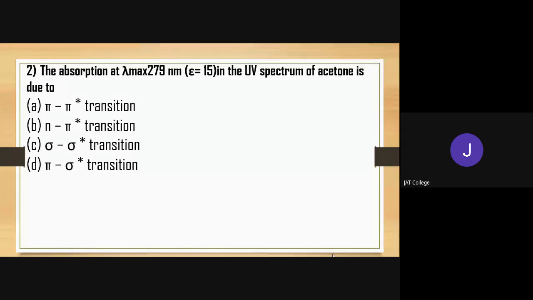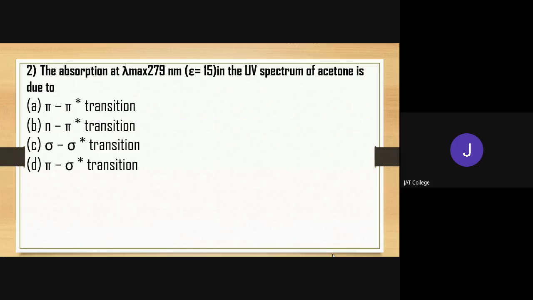Okay. Now, take a look at the second question. The absorption at lambda max 279 nanometer, epsilon value 15. Here epsilon value means absorptivity. As the absorptivity increases, the intensity of absorption increases.